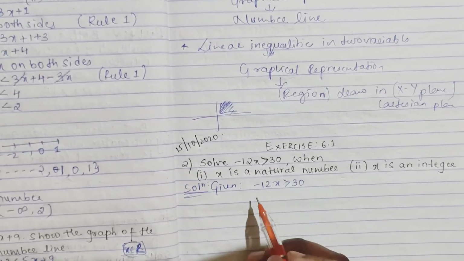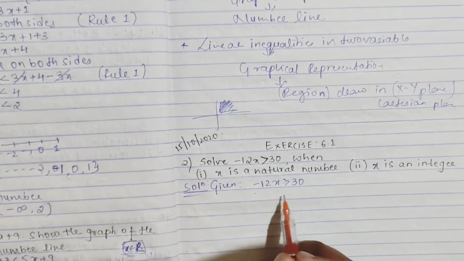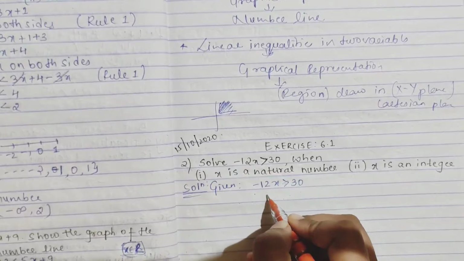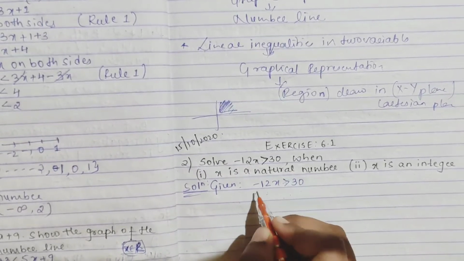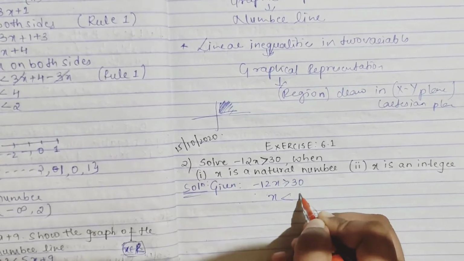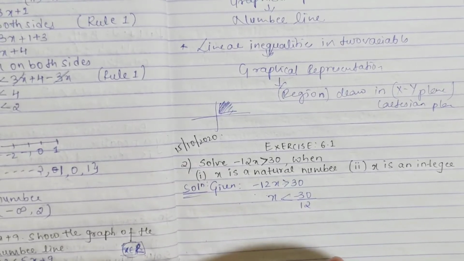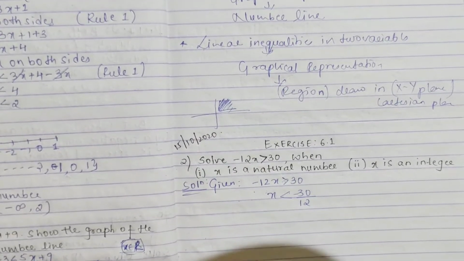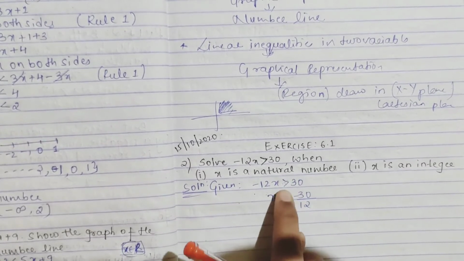So first what we have to do is divide both the sides by minus 12, right? Because we want the x value. So when you are dividing by minus 12, your sign changes. I have given you that point: when you are multiplying or dividing by any negative number, the inequality sign changes.